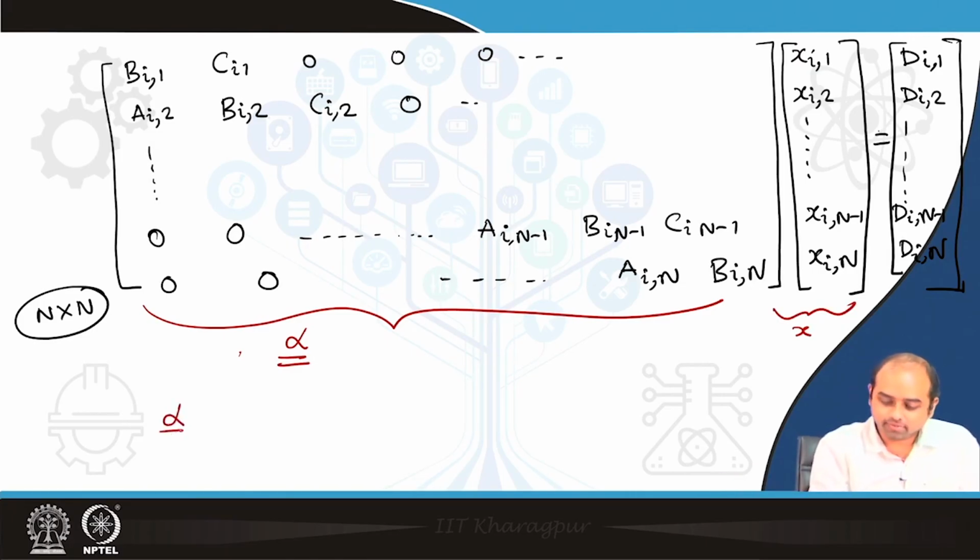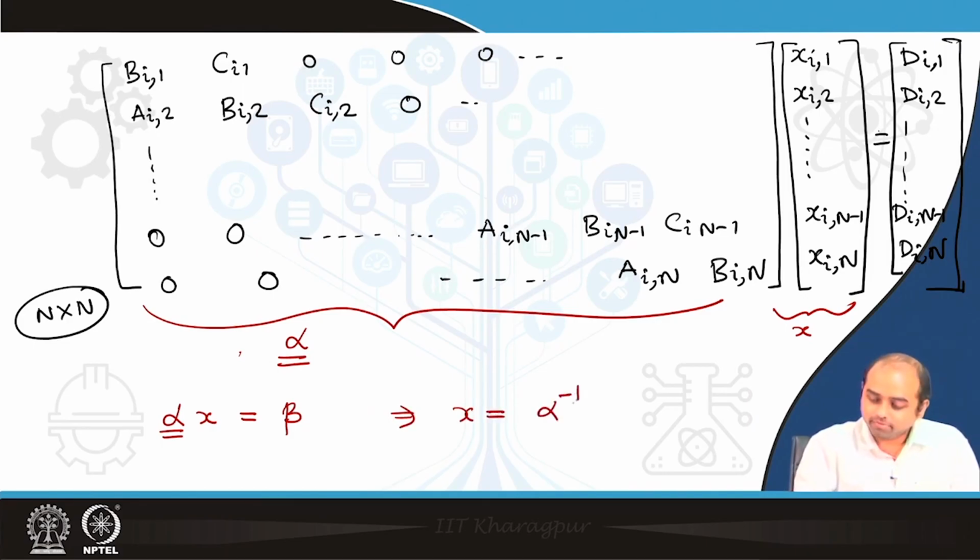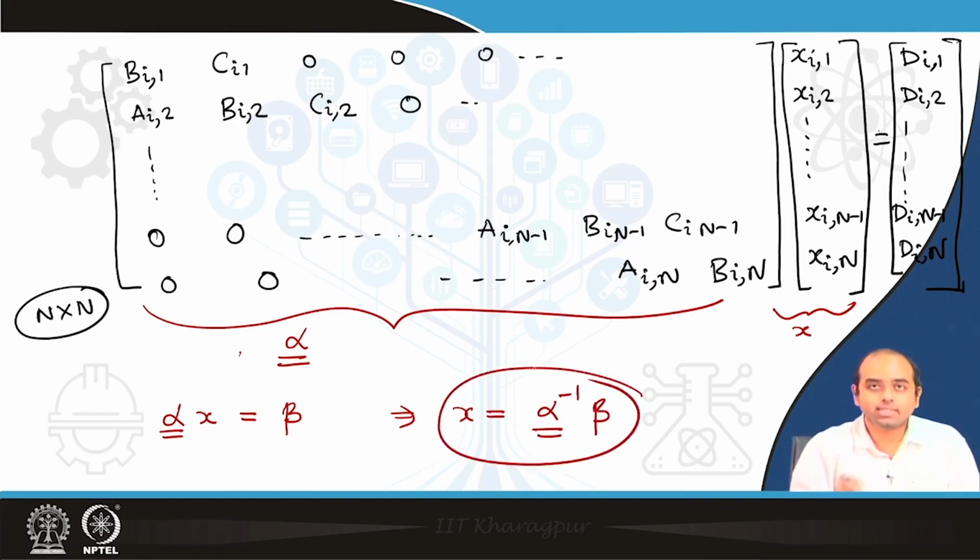So I can write alpha X is equal to some beta matrix. X is a vector, and this last column which we have is a vector. So I can find X equal to the inverse of this matrix times B. This is the classical way, but since this is a tridiagonal matrix system, the best way is to use the Thomas algorithm, right?